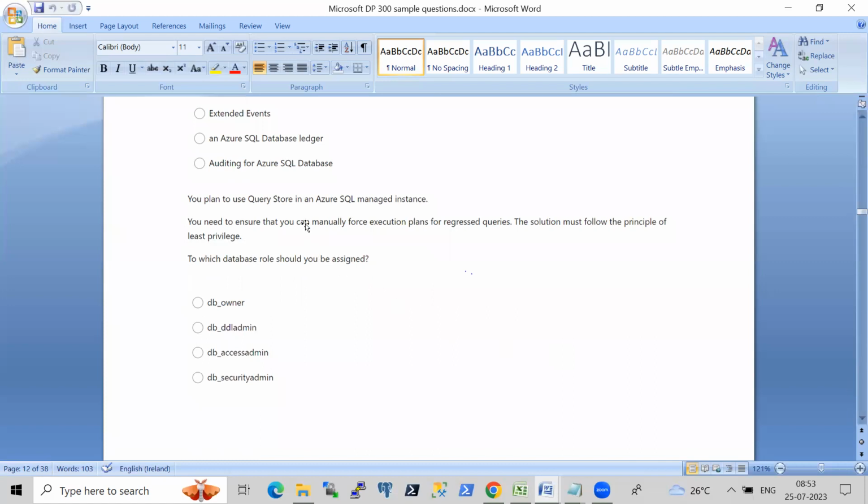This is on MI, Query Store on MI, and you have to manually force your execution plans for a regressed query. What is a regressed query actually? Before we discuss the permission, what is a regressed query in Query Store?